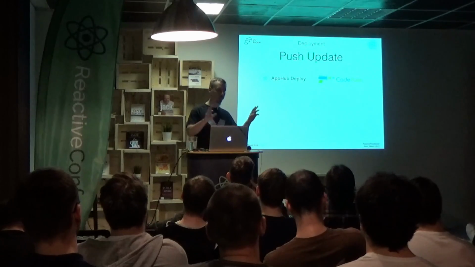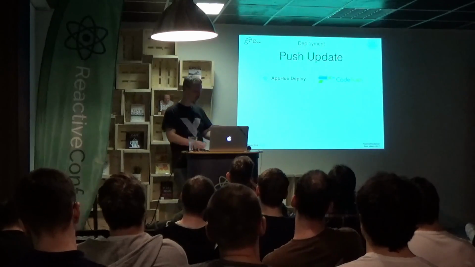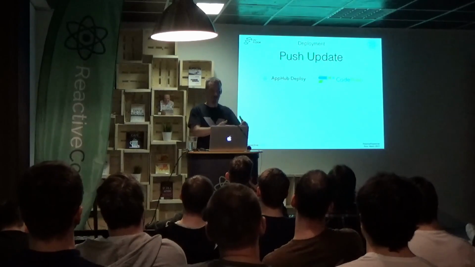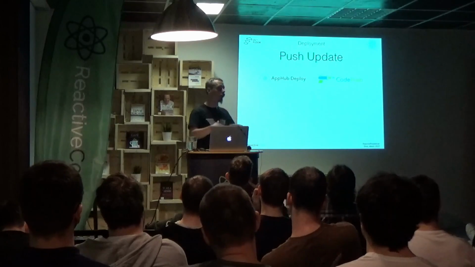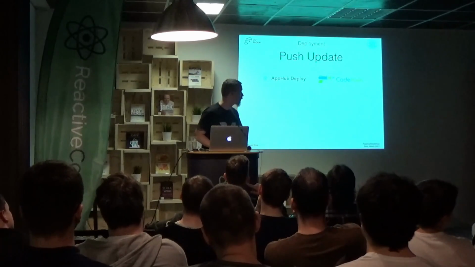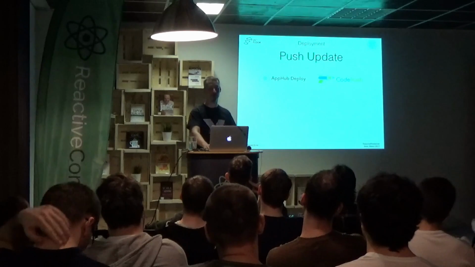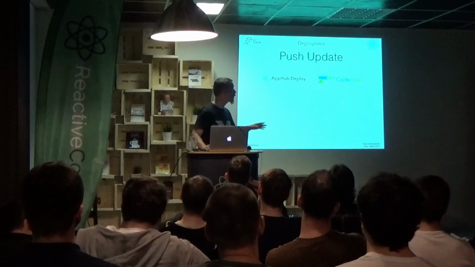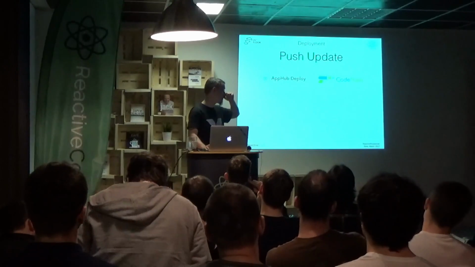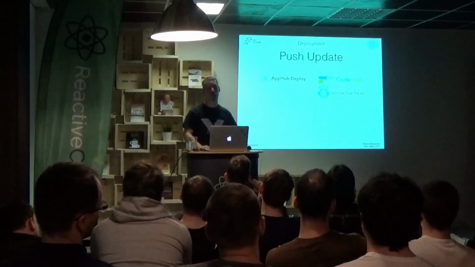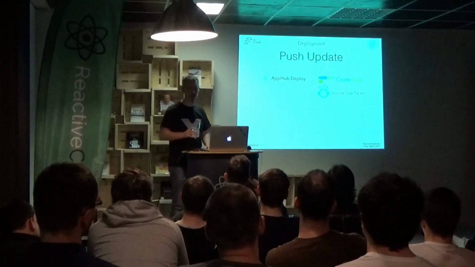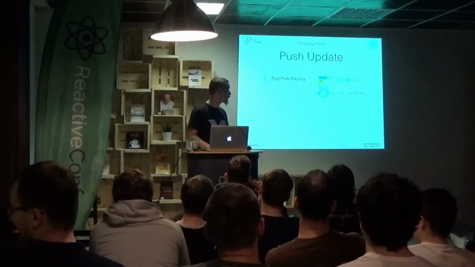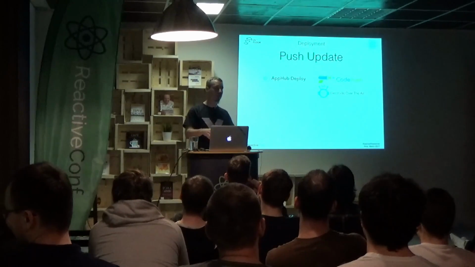Whenever you publish a new update, you specify some point in the flow of your application where it checks for updates, and all your app installations will just pull the new code. If you do not want to use the Microsoft systems, because you have to use Microsoft Cloud for that, there is an open source server implementation available as well. So you could host the whole infrastructure by yourself and just push the JavaScript updates.